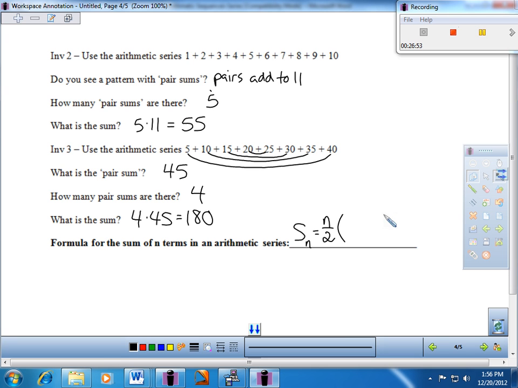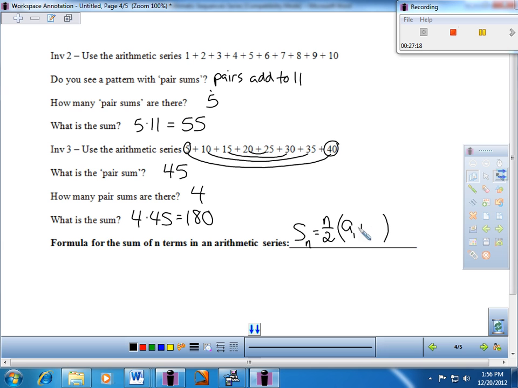Now the second part is actually the pair sum. And as you can see, there are really different ways we can represent this, because you've got the first and last term, or the second and second to last term, or the third and third last term, etc. Usually it comes from these 2 guys right here, first and last. Because the first one, piece of cake, that's a sub 1.